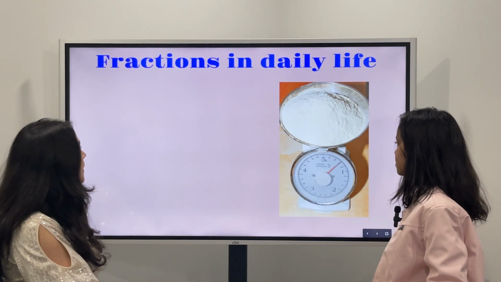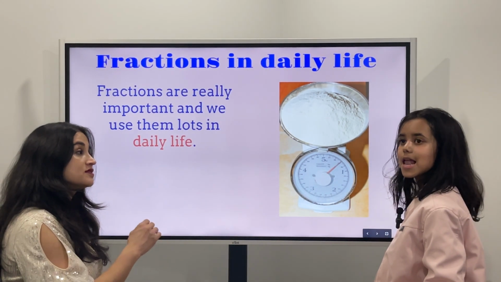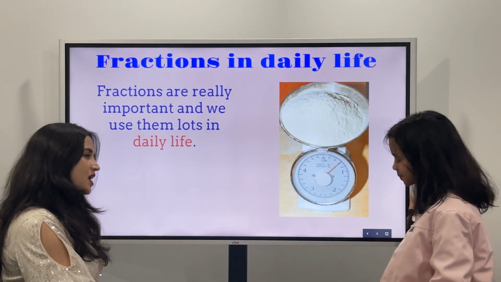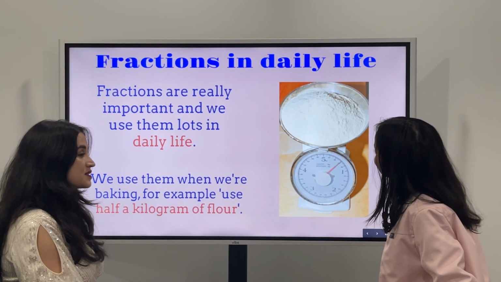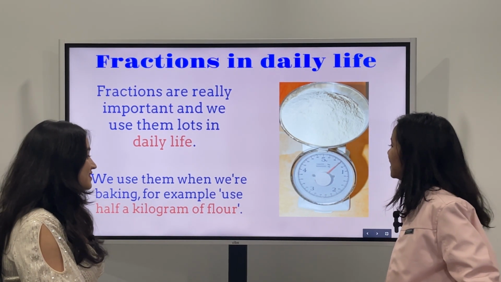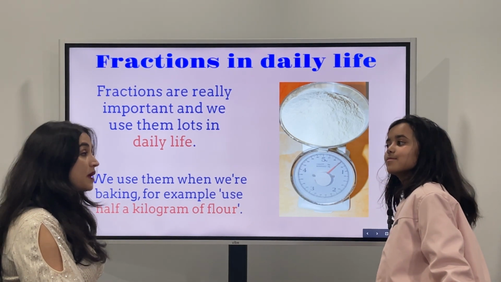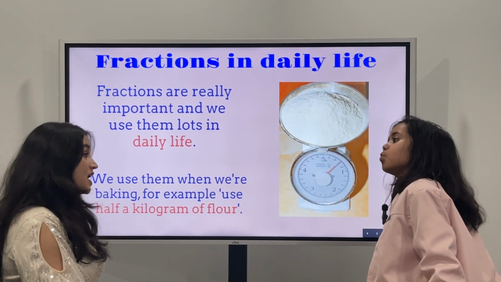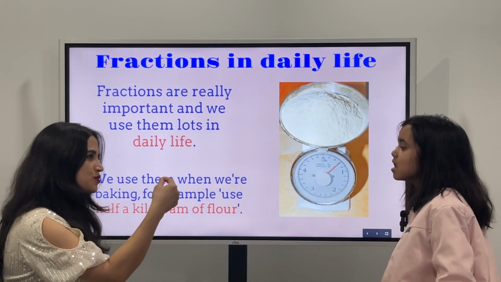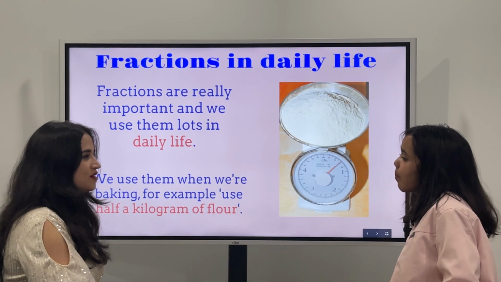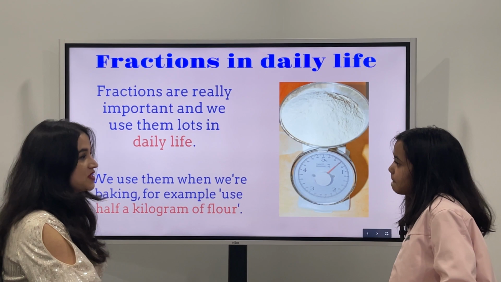So, fractions in daily life. Do you know, Lina, we use fractions in our daily life? How so? Remember, sometimes it's half a kilogram of flour. When we do baking, I ask you, Lina, for half a cup, or 1 tablespoon of sugar, or 4 spoons of butter, something like that.